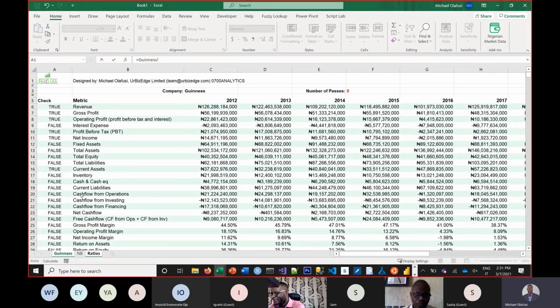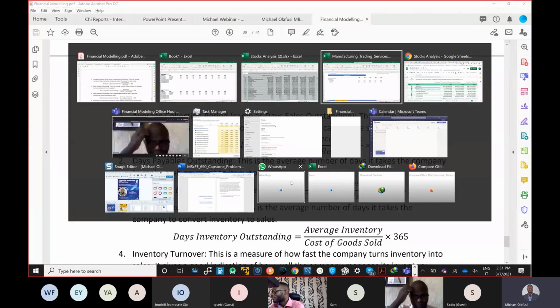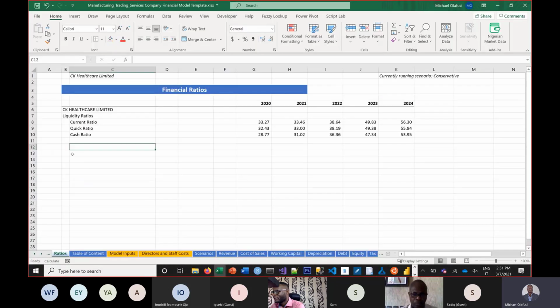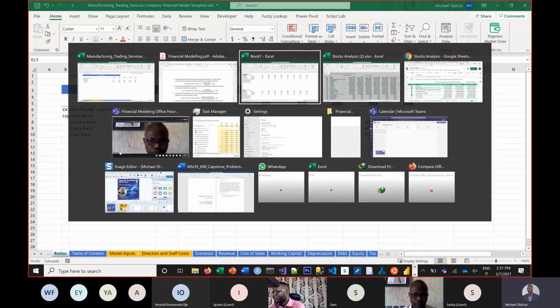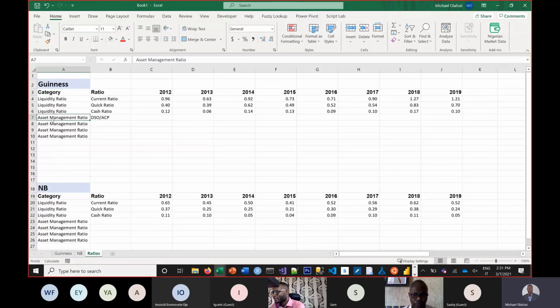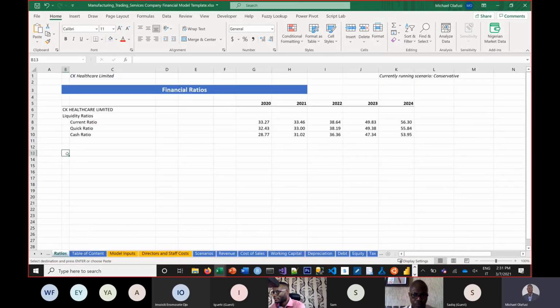Let me go to the asset side. Current asset, inventory, cash and cash equivalent. This is bad. Okay, not a problem. Let's still do it, but do it for the one I have the data for. At least we will be able to understand how it works. So I'm going to just do it for this one.